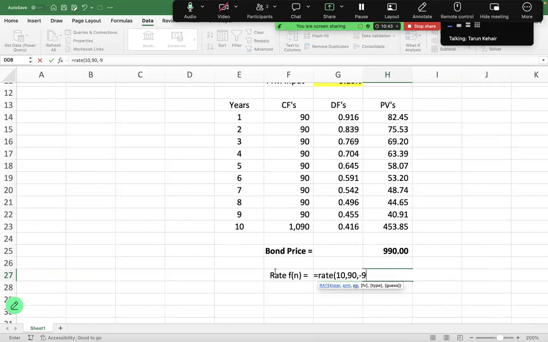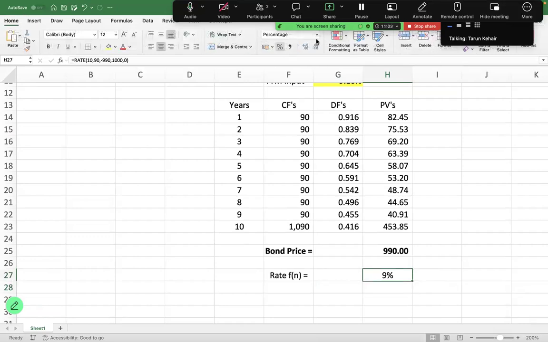Present value of the bond I will write as minus 990 because the investor has to pay 990 today. It's a cash outflow. And future value I will write as plus 1,000 because he will receive 1,000 after 10 years. And finally 0 for end of the year payments.